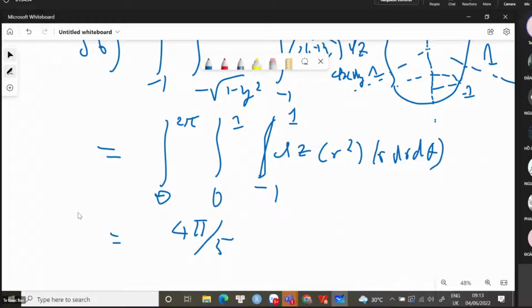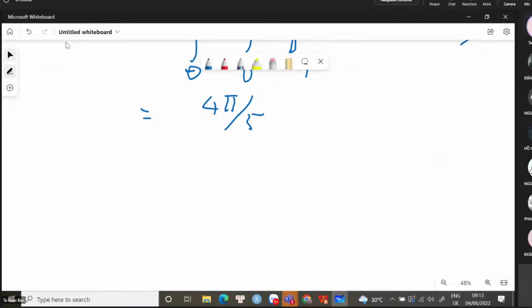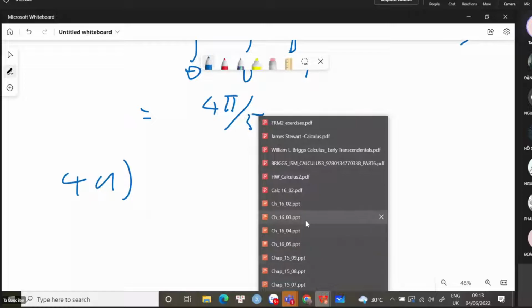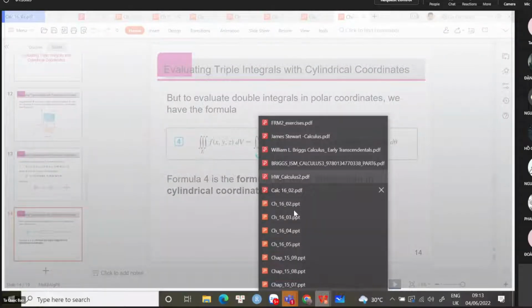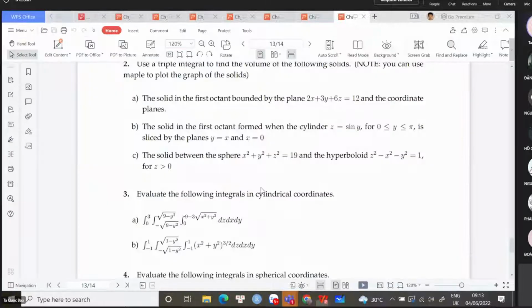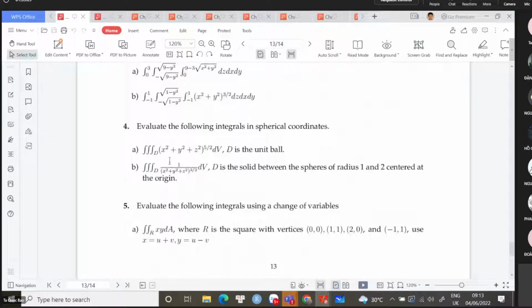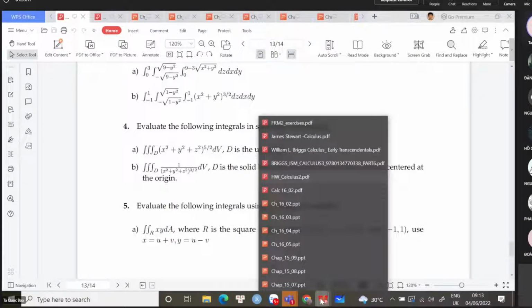Question 4a. 4a is: evaluate the following integrals in spherical coordinates. Now spherical coordinates.